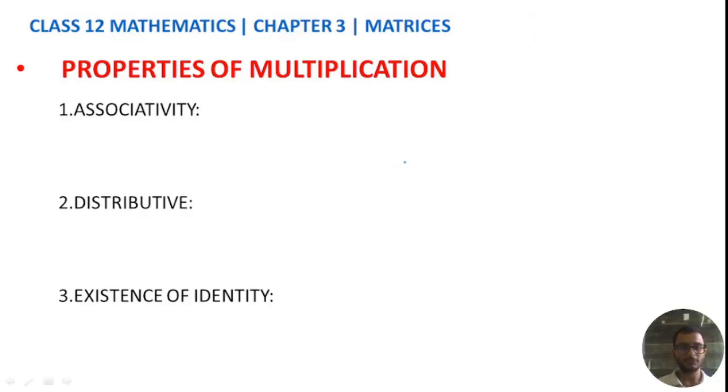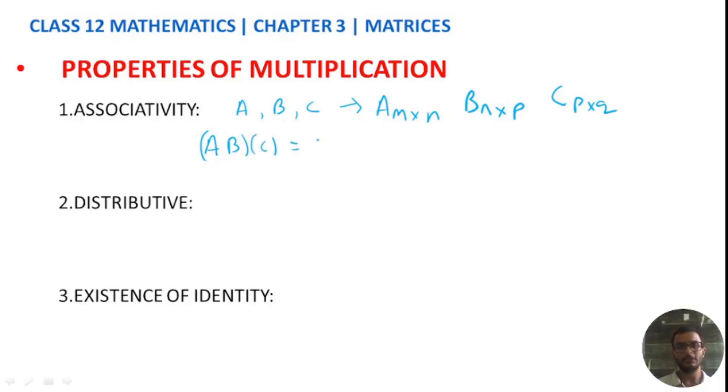So what properties hold in multiplication? First is associativity. That is, if you have three matrices A, B, C with order, say, A of order M cross N, B of order N cross P, and C of order P cross Q, then you can multiply A with B first, then multiply with C. This will be the same as multiplying A with BC.